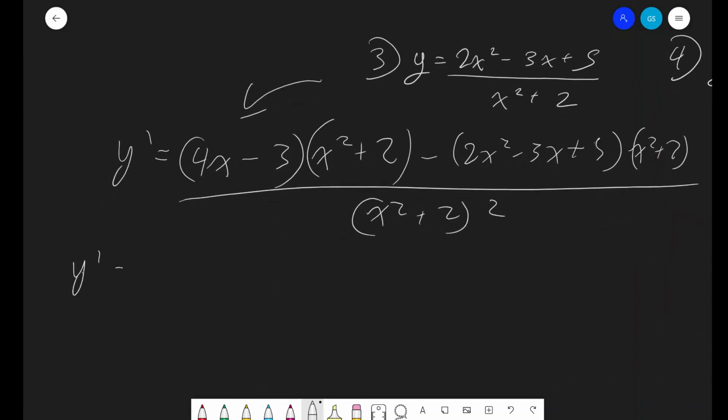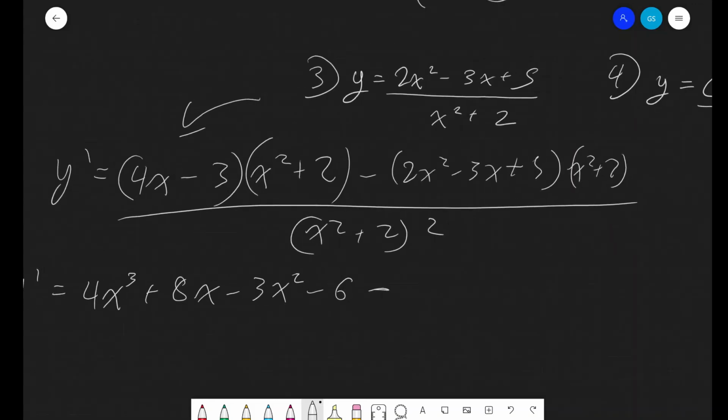Y prime equals, I'm just going to expand, so expand this first stuff on the left. So 4x times x squared, 4x cubed, 3x squared minus 6. Oh, silly me. I forgot to differentiate this.